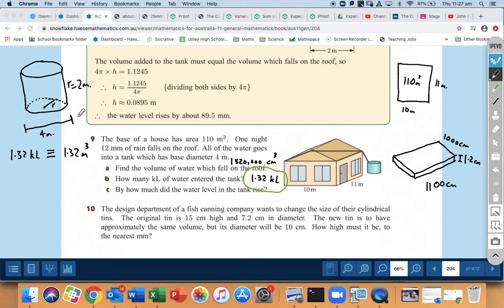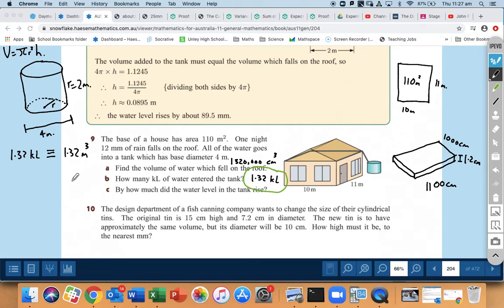All right, volume of a cylinder. I might write this up the top so I don't run out of room. Volume of a cylinder is pi r squared, the circle on the bottom or the top of the cylinder, times the height. We know a volume, we know the radius, but we don't know the height increase.